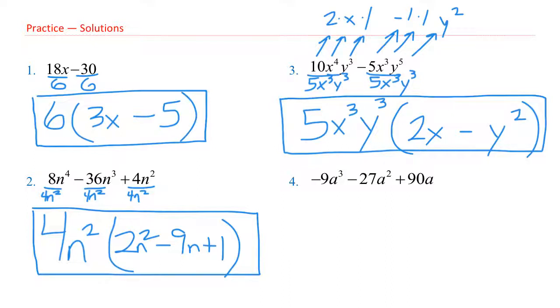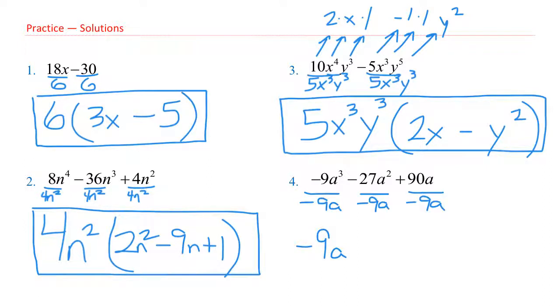We have negative 9, negative 27, and 90. And ordinarily we'd say the GCF is 9, but because our first term is negative, we're going to write negative 9. Next, let's look at the variable. We have a to the third, a squared, and a. The lowest power of the variable is a to the first, or just a.